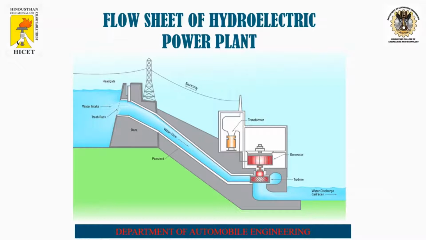The turbine blades are connected to an electric generator, which converts the mechanical energy produced by the turbine to electric energy. Furthermore, the electricity is stepped up with the help of a transformer and sent to households. This is how a hydroelectric power station works with a turbine system at its basis.